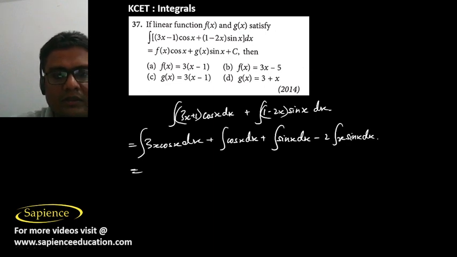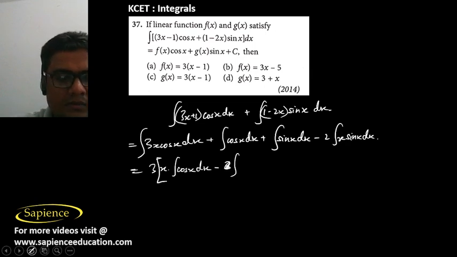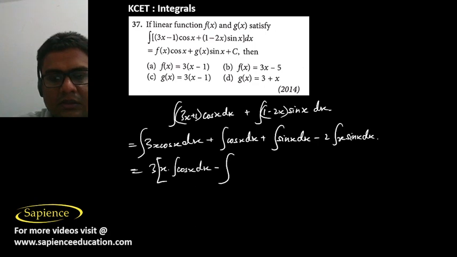So here we have to apply integration by parts. 3 into the integral of x into the integral of cos x dx, minus 3 into the integral of the derivative of x, that is 1, times the integral of cos x, which is sin x, dx.